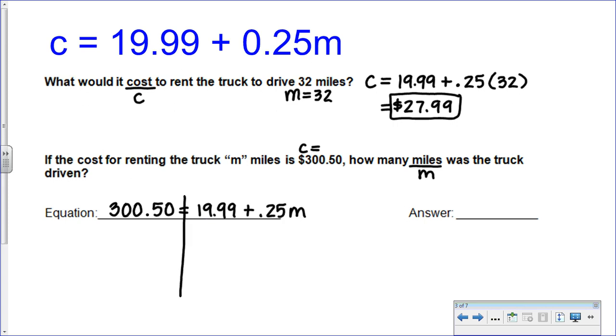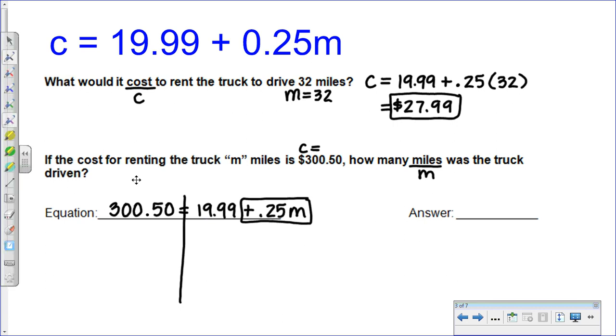So let's draw our line, box the variable, and do the opposite of what's not in the box, the 19.99. Let's subtract it on both sides. In our calculator, if we type 300.5 minus 19.99, we get 280.51.